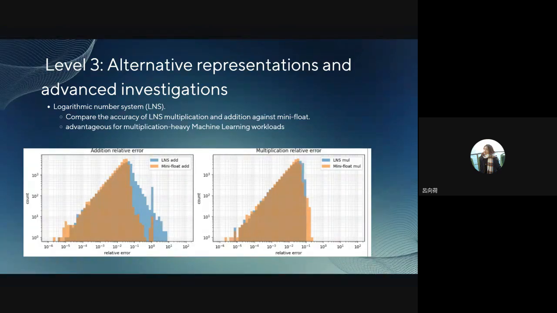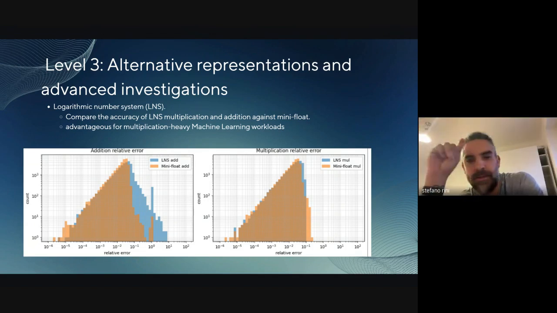I think it's 8-bit minifloats. Okay, but how many in the mantissa and how many in the exponent? Like before in the previous slide, you have 4-3, 3-4, 2-5. Which one was it?